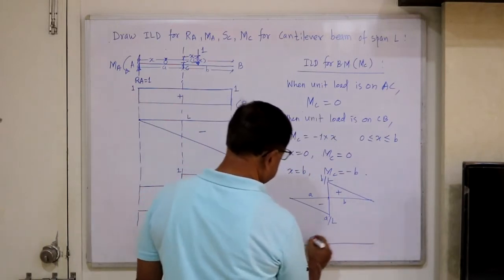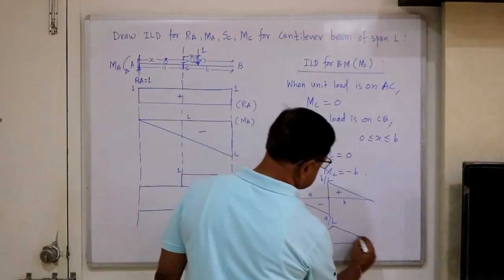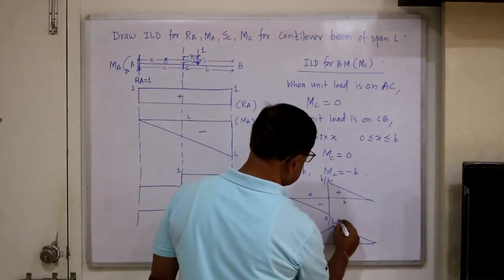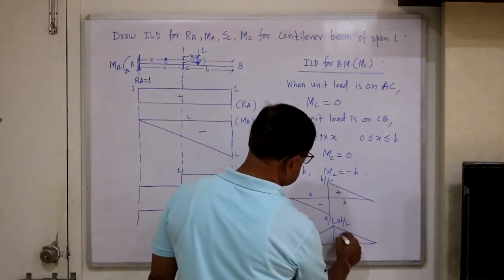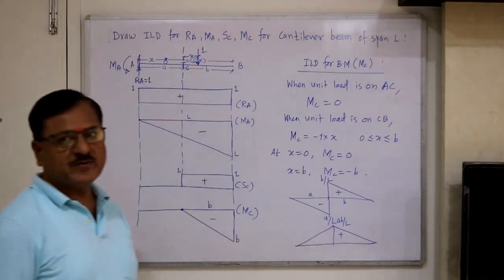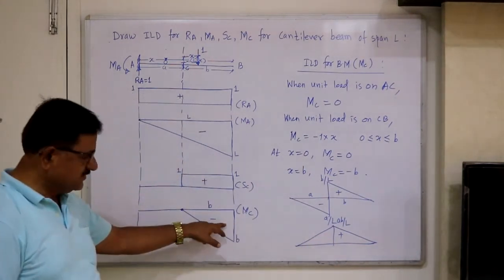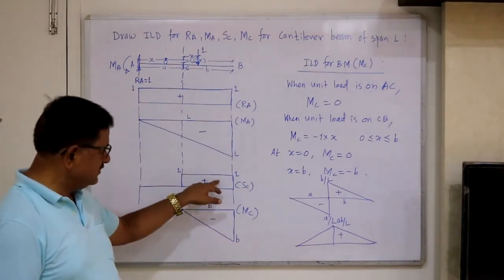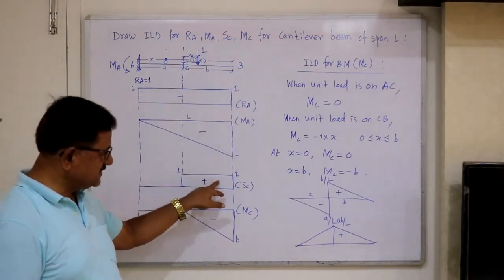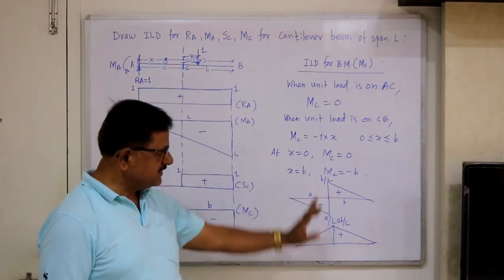And for bending, the ILD was like this, and this ordinate was AB by L, plus. So for bending moment, the ILD for a simply supported beam is this, for a cantilever is this; for shear force the cantilever shape is like this, and the simply supported shape is like this.